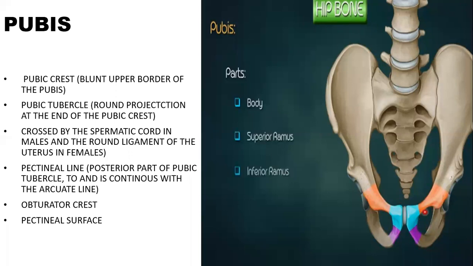So that is the obturator foramen. Then you have that part of the pubis that is participating in the formation of the obturator foramen. So that part is known as the obturator crest. Okay. The pectineal line is continuous with the arcuate line. The arcuate line, like I said, is just the lower part of the medial border of the ilium.